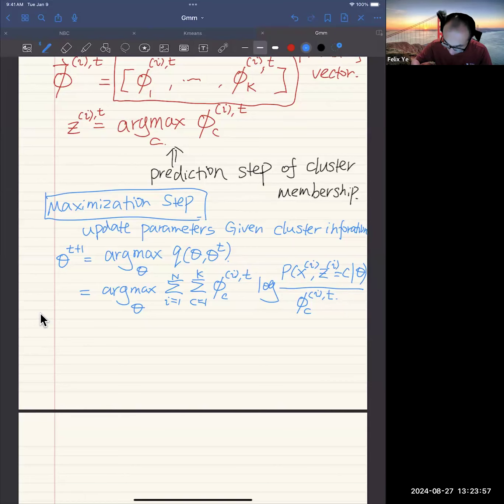Here we already computed these posterior distributions, so we can directly use them from the E step.